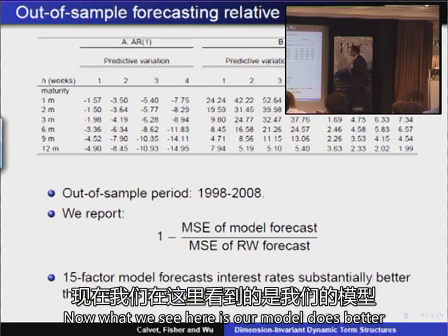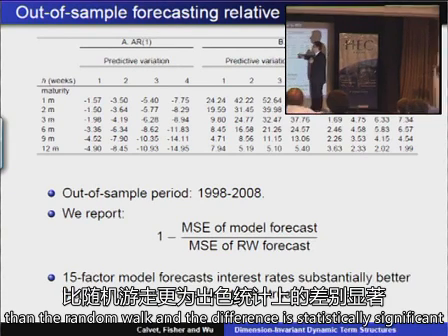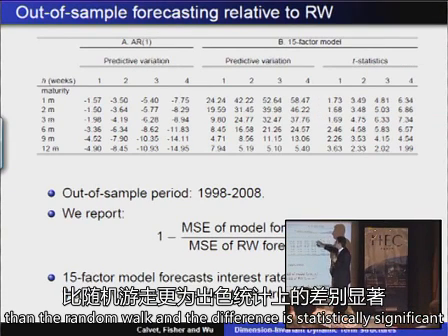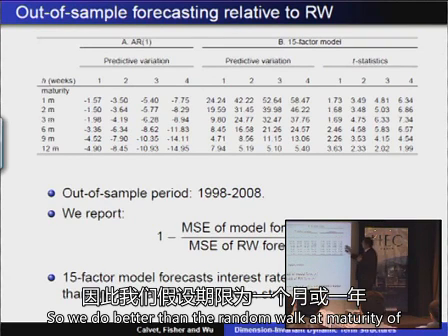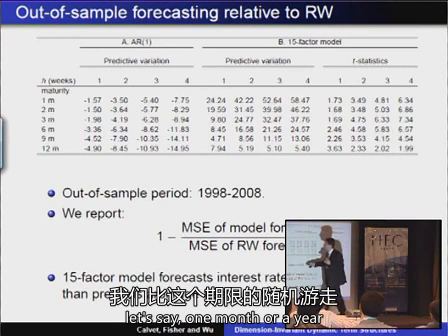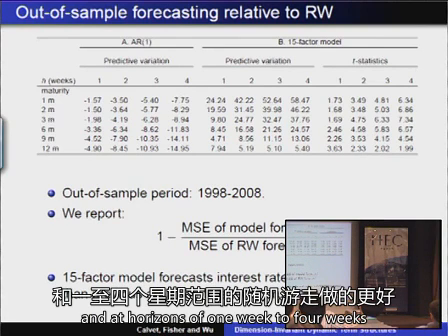Now, what we see here is our model does better than the random walk, and the difference is statistically significant. This is all out of sample, so there's no look-ahead bias. We do better than the random walk for maturities of say 1 month to a year, and at horizons of 1 week to 4 weeks.